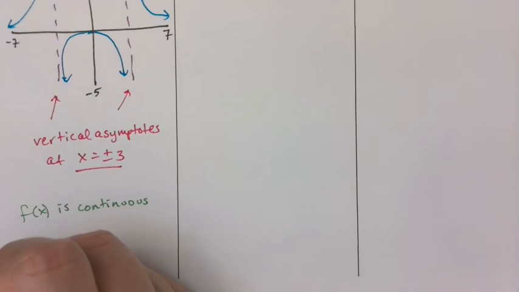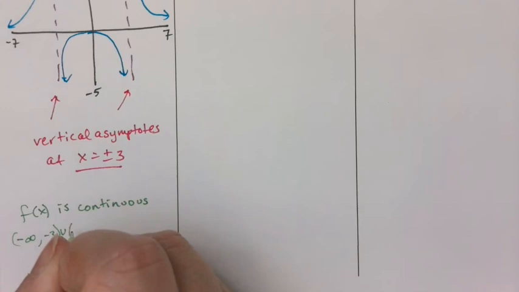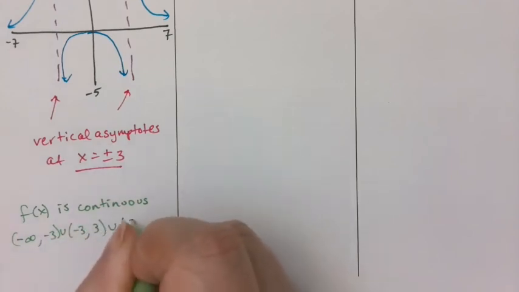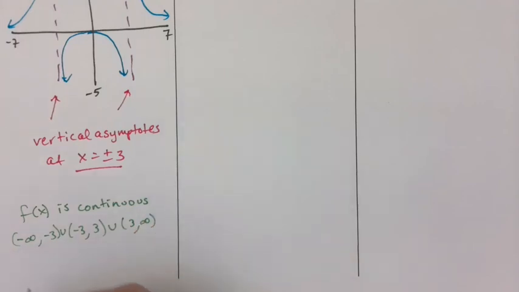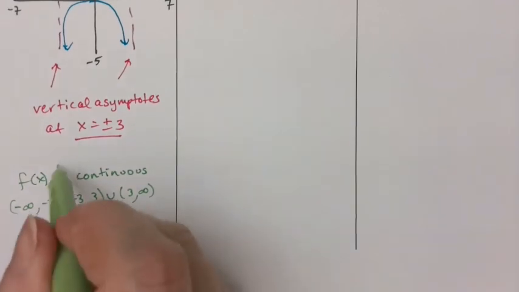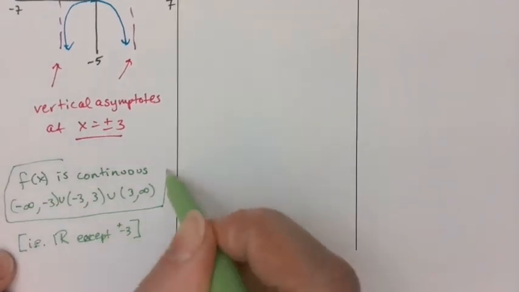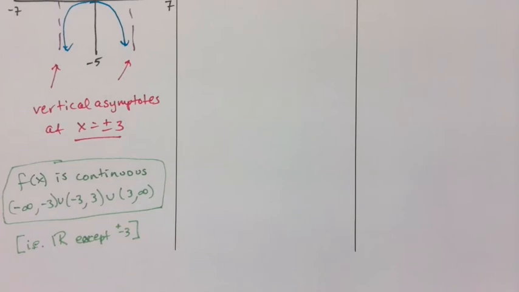So we can say from negative infinity up to negative 3, joined with negative 3 to 3, that's a union symbol, union with 3 to infinity. In other words, all real numbers except plus or minus 3. How about that? There we go. So that's another way you can write it. Of course, we're in calculus, so we're very used to, hopefully at this point, interval notation. And that's the way we'll write it.